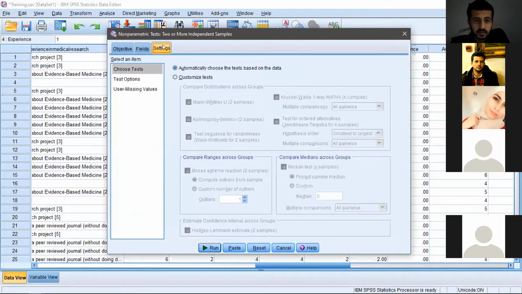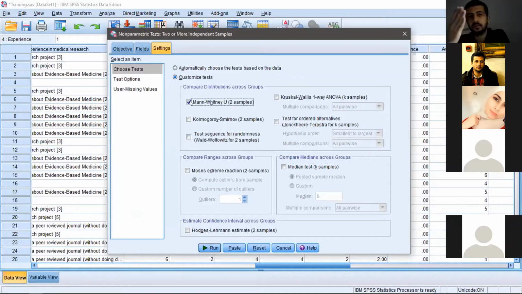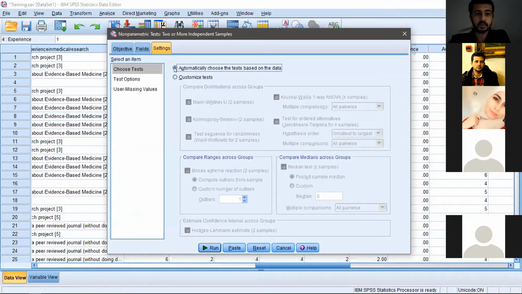For the settings, it can choose the test automatically, or I can take the Mann-Whitney test. I can click that, and SPSS will go directly to my test. But I want to let it try its options, and I will see if it chooses Mann-Whitney or another test.